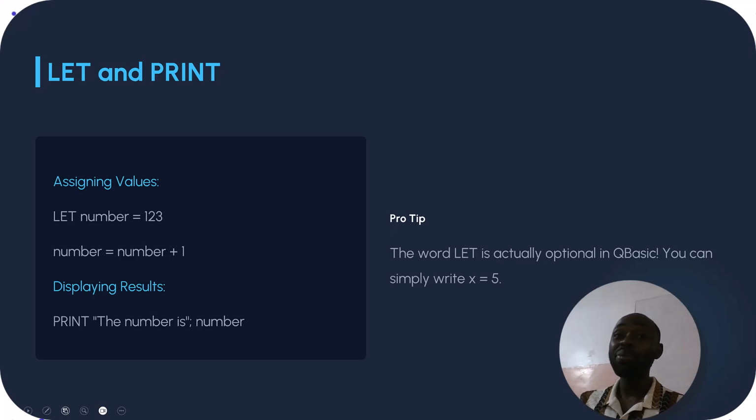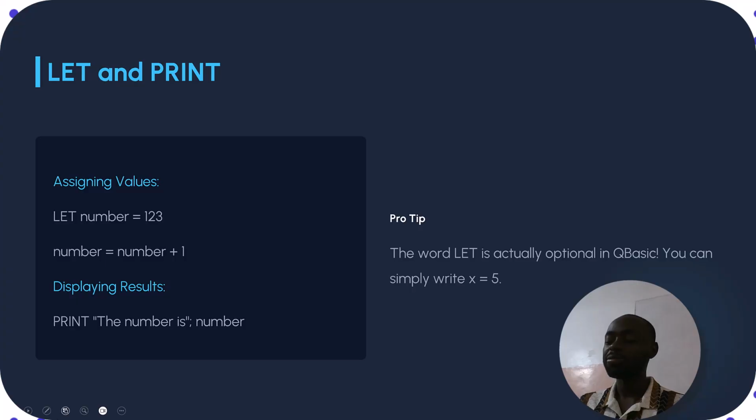So if you look at the first code, number is equal to 123, and we are referencing that number and adding 1 to it to output a variable called number. And we can also print that number out again to display the results. The LET command is actually optional in QBasic. You can just go straight for the variable and assign the value to the variable.